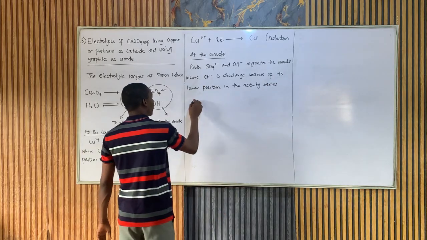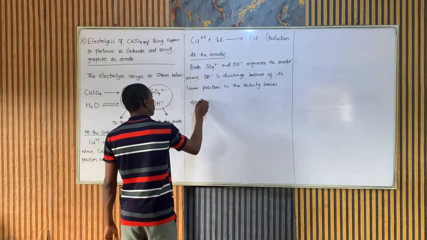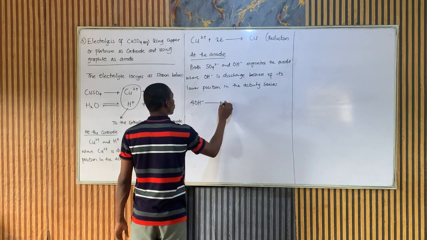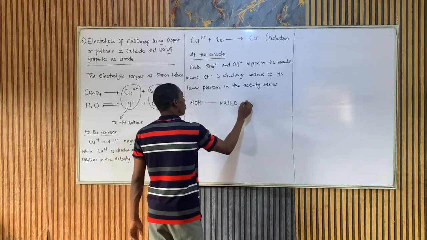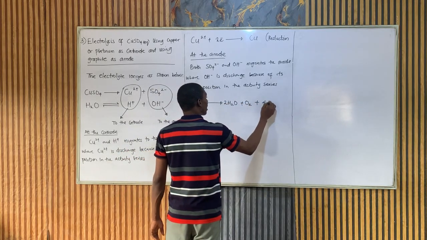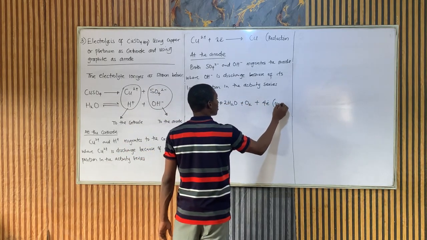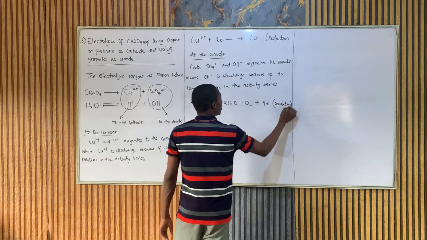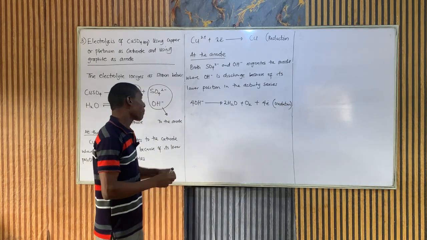And so we have 4OH- becoming 2 molecules of water plus oxygen plus 4 electrons, and this is known as oxidation. The question is, what then happens to the SO4?